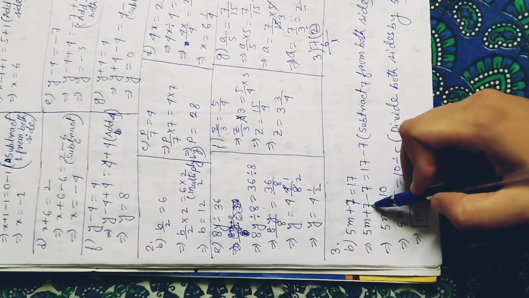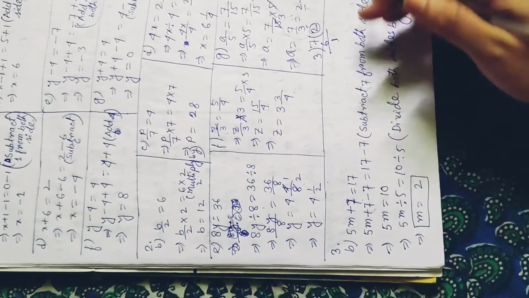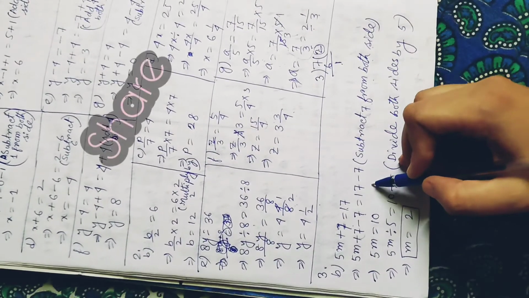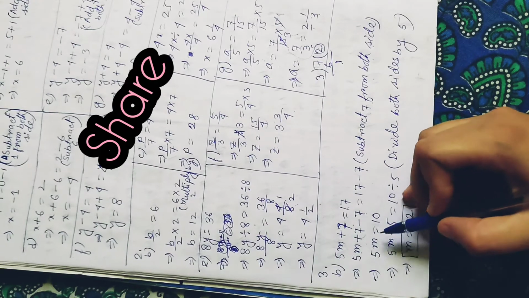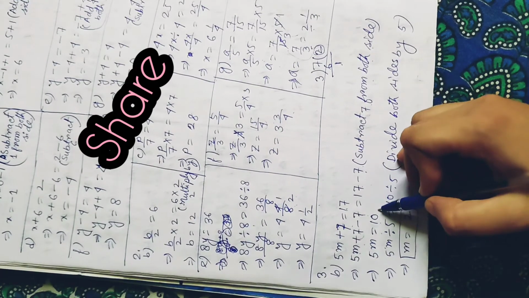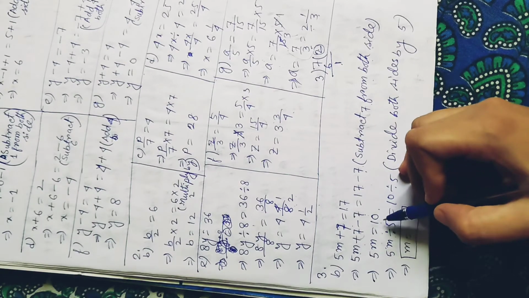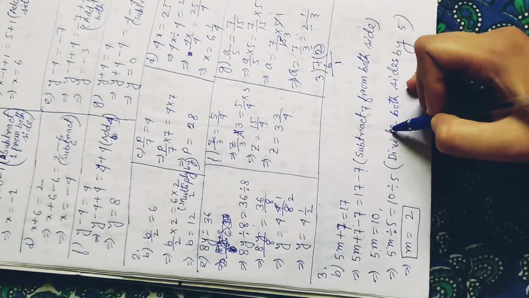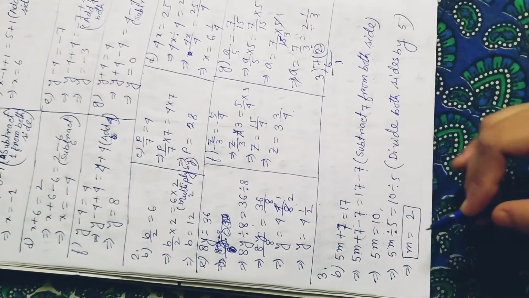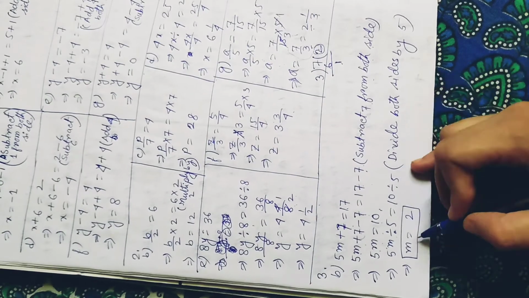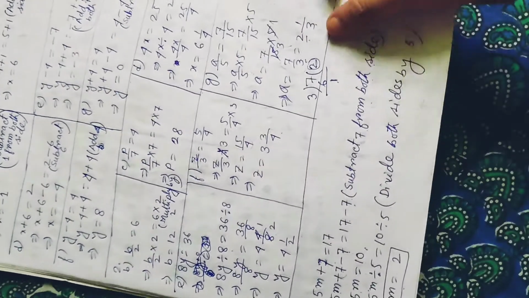Here plus 7 is extra. The opposite of plus 7 is minus 7, so you write: subtract 7 from both sides. 5m plus 7 minus 7 vanishes, 5m equals 17 minus 7, which is 10. Then 5m equals 10. The opposite of multiplication is division, so divide both sides by 5. Then 5m divided by 5 equals 10 divided by 5. So m equals 2 is the answer.